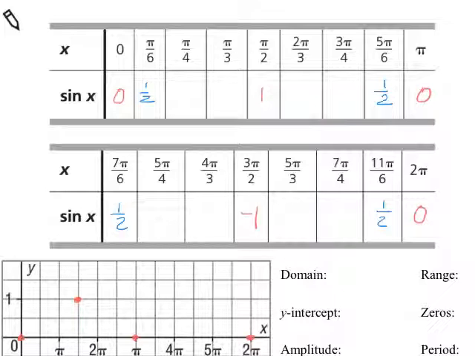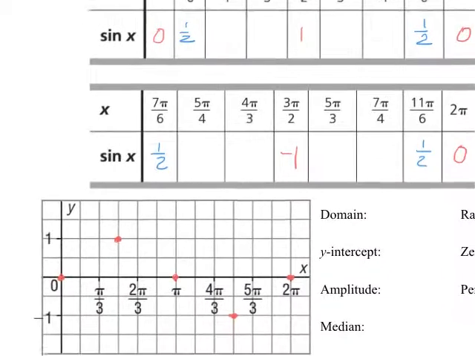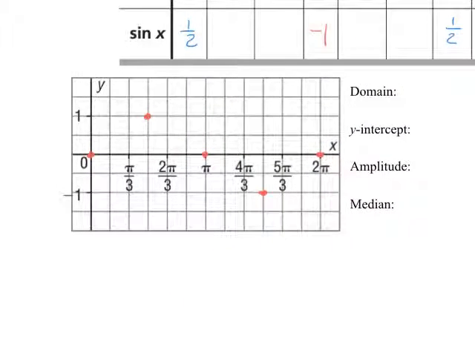So this gives us 4 more points that we can make use of as we sketch our graph, just to add a little more precision to the curve. So plotting those, we have this point, this point, this point, and this point.